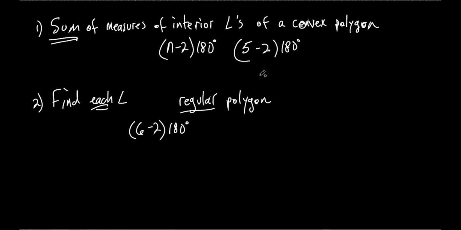Regular, in this case, means all the sides are equal, all the angles are equal. So if I know what all the angles add up to be, and I know all the angles are exactly the same, how do I split it up? Divide by how many angles I have. If it's 6 sides, how many angles are there going to be? 6 angles. So I divide by 6. So you just do the math and you get what you get.